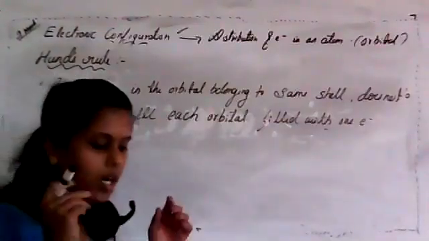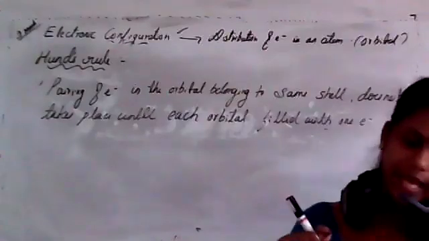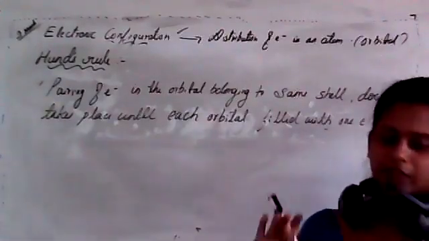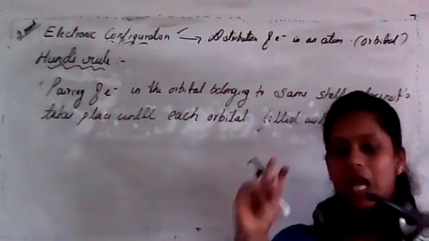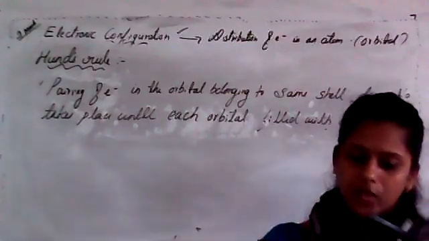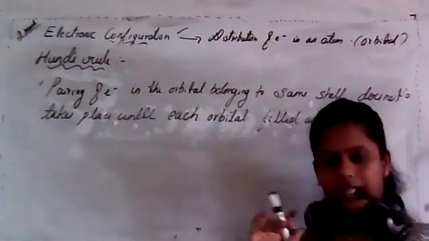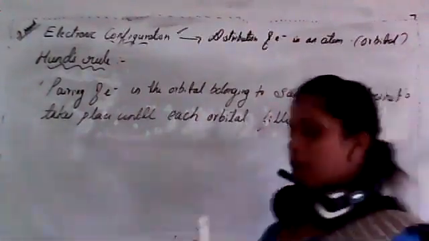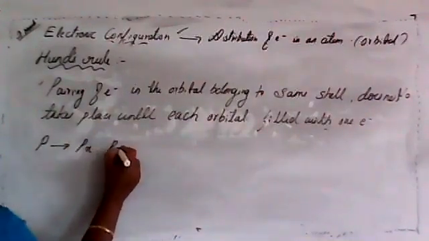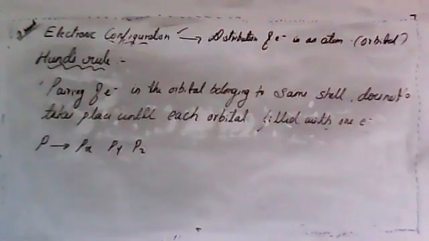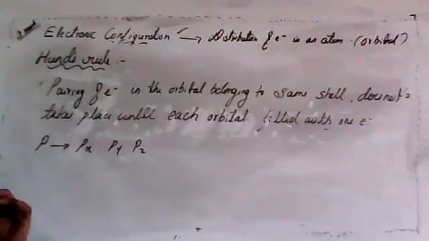That means according to Hund's rule, among the orbitals of the same energy, electrons do not start pairing until all these orbitals are singly occupied. Clear? Now again I consider px, py, pz. We know the p shell has 3 orbitals, px, py, pz. So I'll consider boxes here.